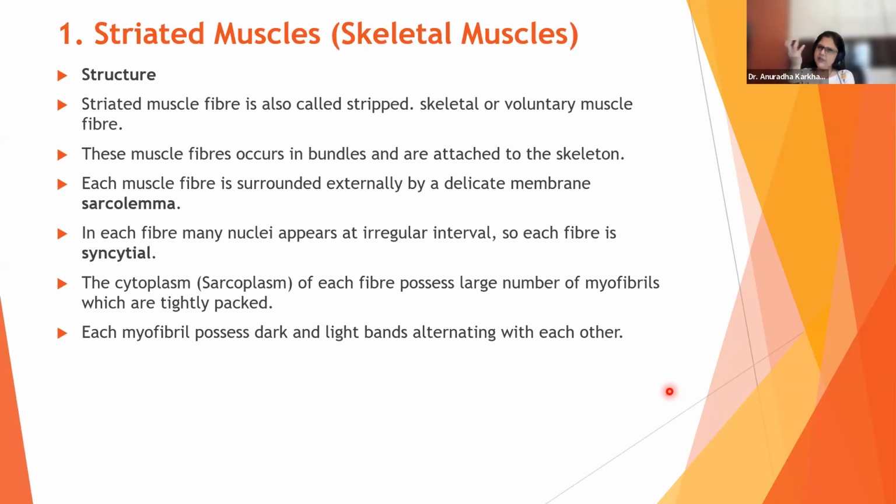The cytoplasm, that is the sarcoplasm of each fiber, possesses a large number of myofibrils, which are tightly packed. We have studied in detail about the structure of myofibrils as well. So see, each myofibril possesses a dark band alternating with a light band and a light band alternating with a dark band.